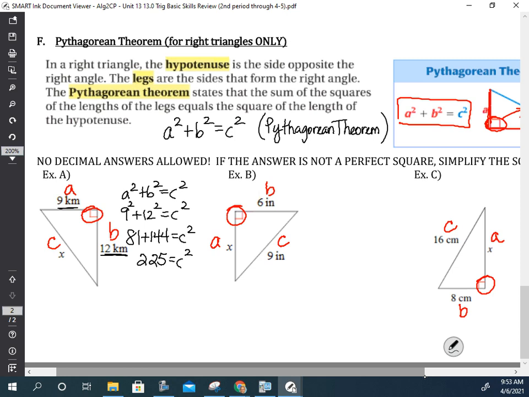So to get your final answer, you need to take the square root. So the square root of 225 is 15, whether you use your calculator to get it or not. 15. We're a nice and neat number. We're done and we're good to go.